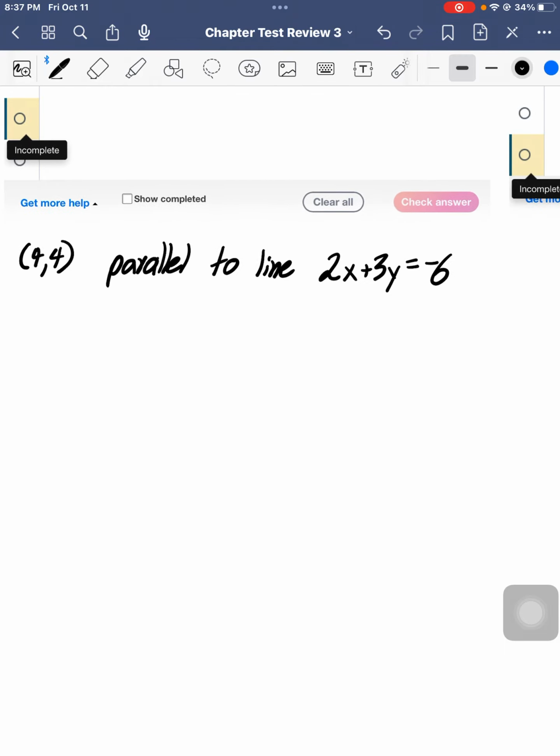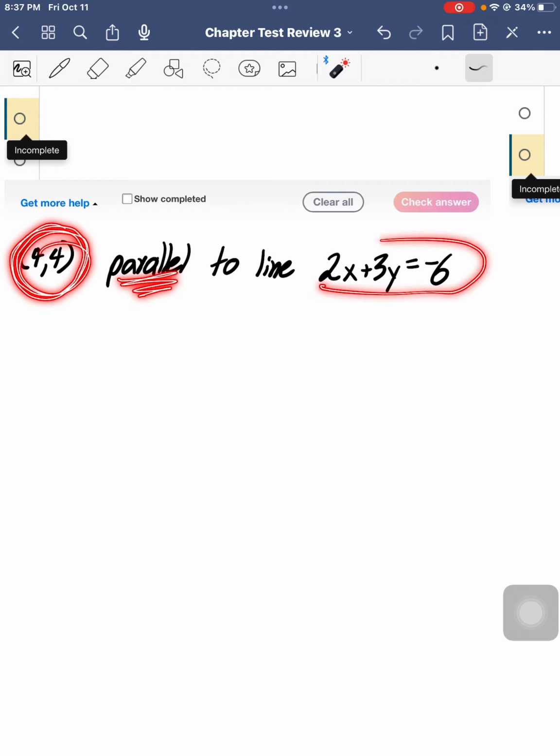So we want to write the line that crosses 3, 4 and is parallel to this line.